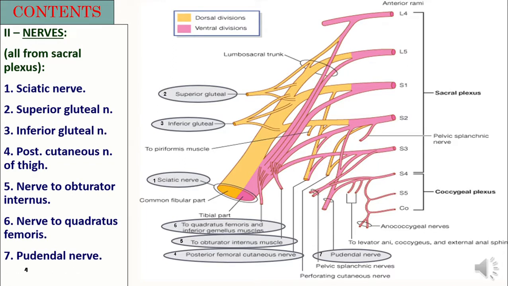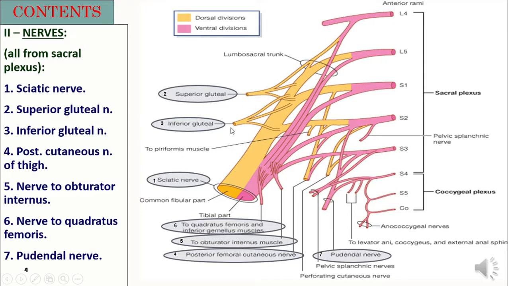When the sciatic nerve enters the popliteal fossa, it divides into its proper branches, the tibial nerve and common fibular nerve. Then we identify the superior gluteal nerve, which is coming from the posterior divisions, shown in yellow. And then the third one is the inferior gluteal nerve. These 2 are passing through the greater sciatic foramen above and below piriformis.